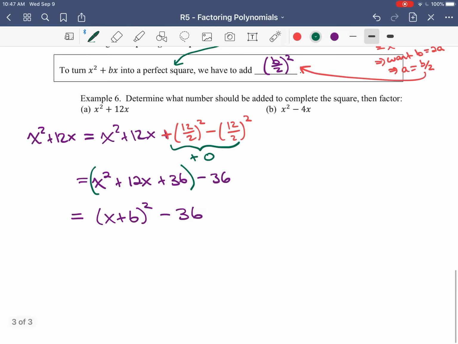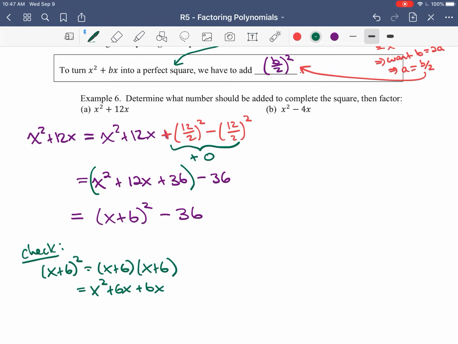Now, let's just check that it is x plus 6 all squared. If I have x plus 6 squared, that's x plus 6 times x plus 6. So that's going to be x squared plus 6x plus 6x plus 36, so that's x squared plus 12x plus 36.